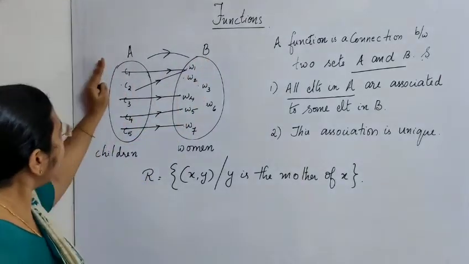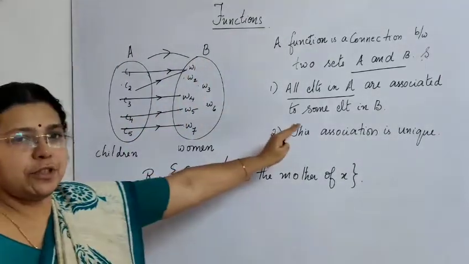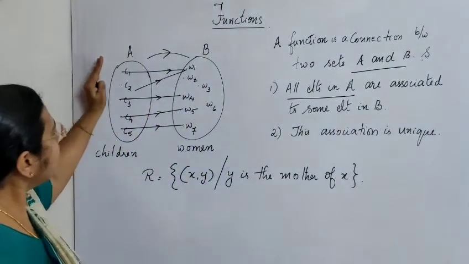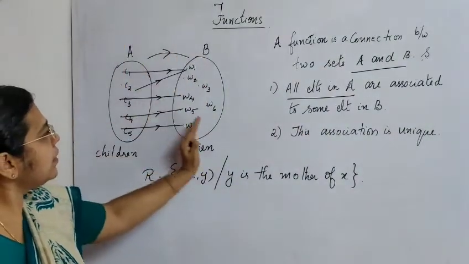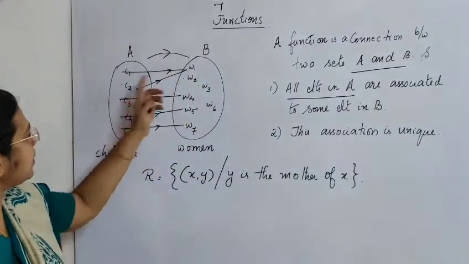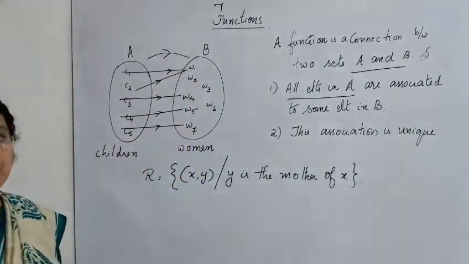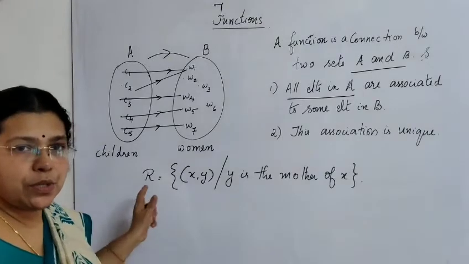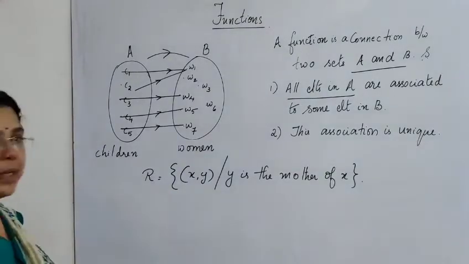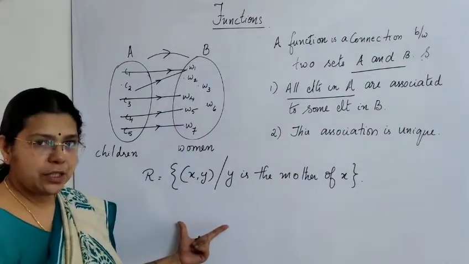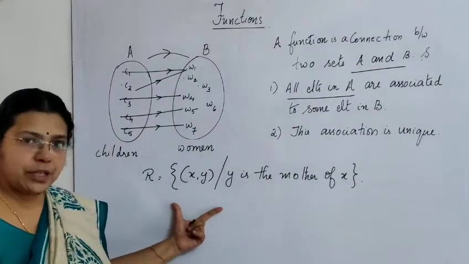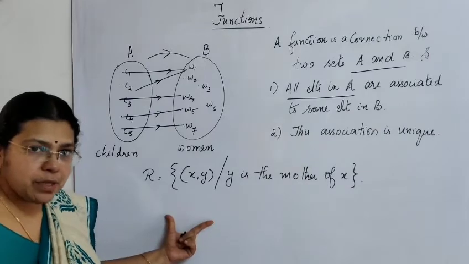Now, coming to the definition once again, every element of set A is associated to some element in set B, and this association is what? A unique association. Am I clear? So this relation R, I can conclude, becomes a function. When does a relation R become a function?